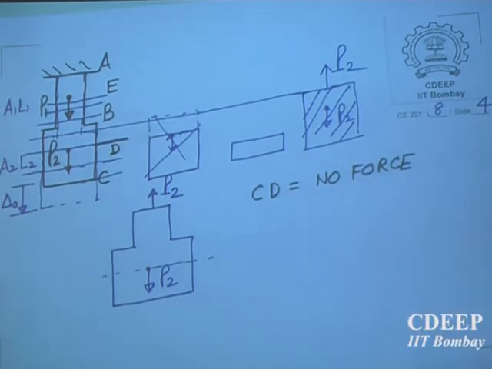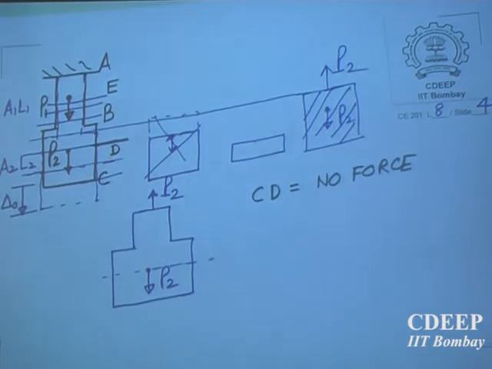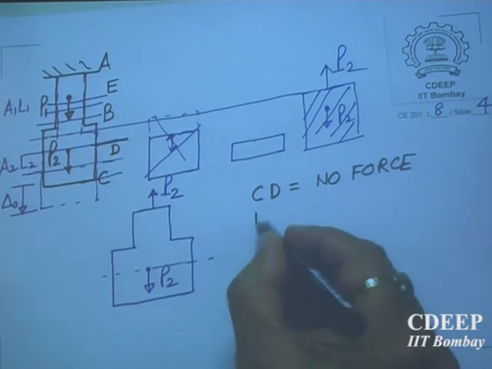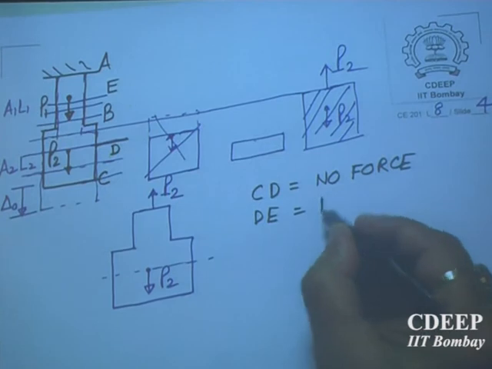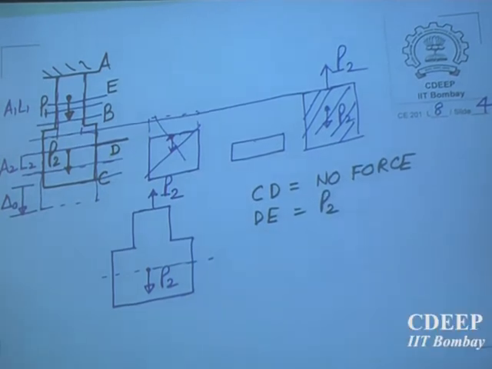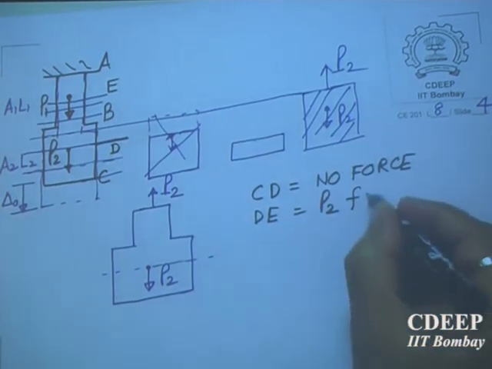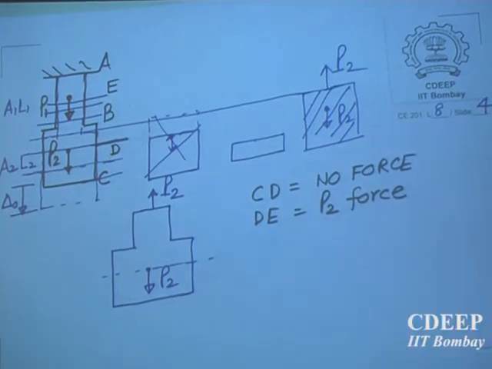Do you all agree that there is no force from C to D? Then from D to E, force is only P2. Every cross section is subjected only to P2 force.